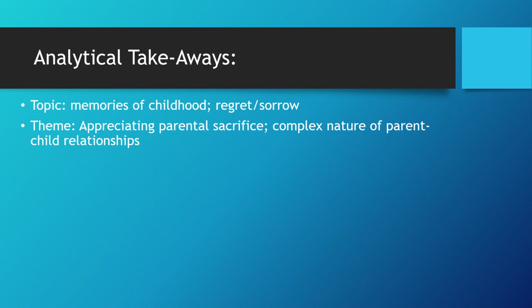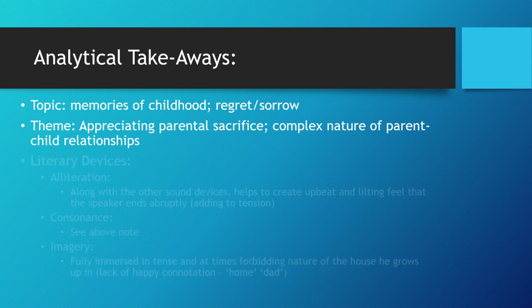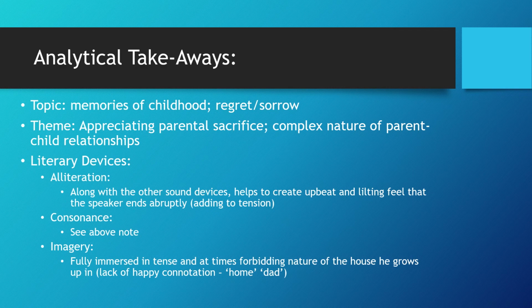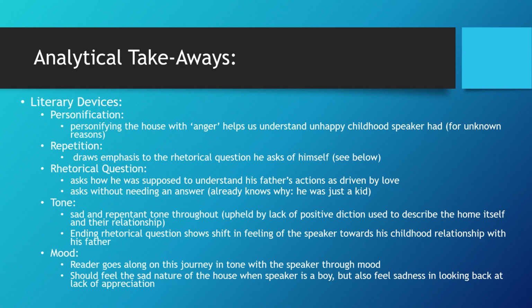So needing to approach it with that understanding. And again, making sure I can identify those literary devices that I've used, like alliteration and consonance, imagery, and how all of these things work together to help me better understand my theme. Additional literary devices we found, for example, personification, repetition, and all of these that we've discussed in our analysis.